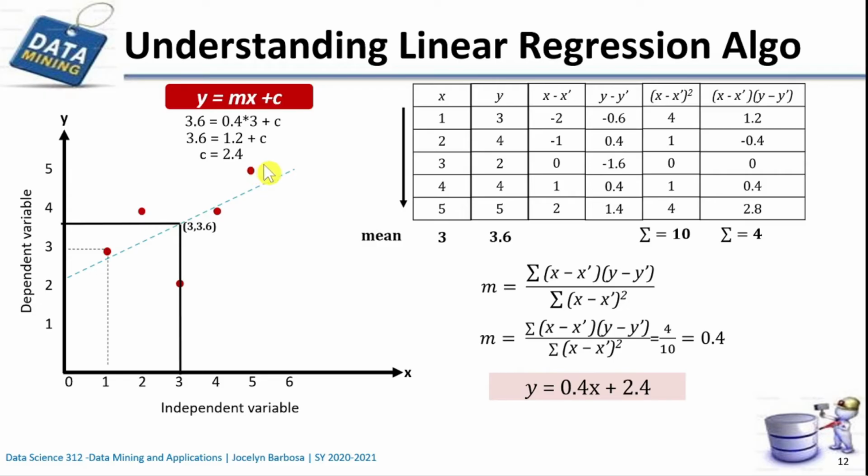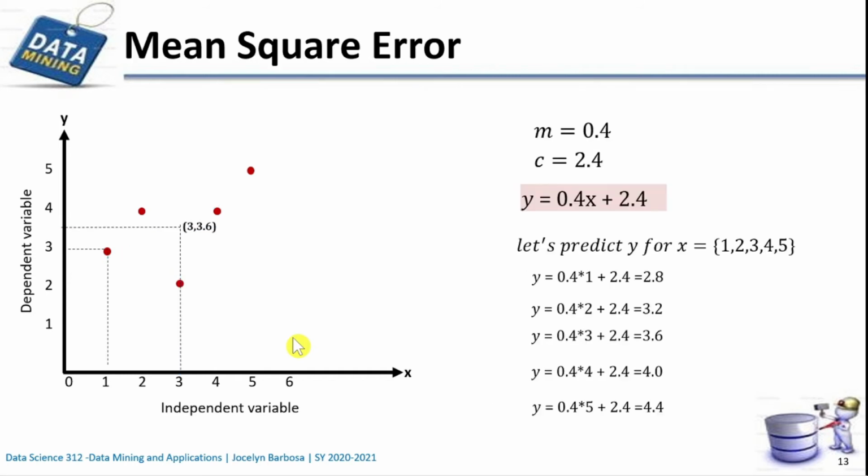And as such, we have y is equal to 0.4x plus 2.4, where c is our y-intercept, somewhere here where our regression line intercepts the y-axis. Here is our intersection between the mean x and the mean y, where our regression line passes through.